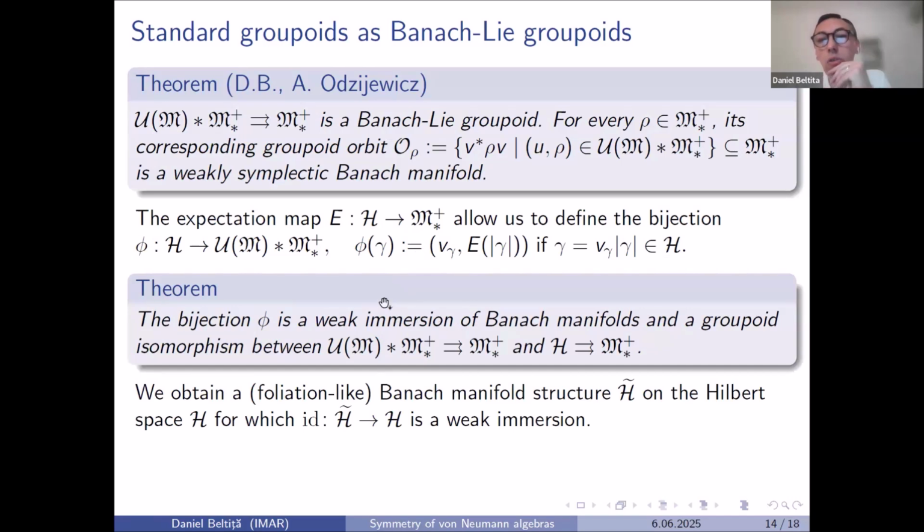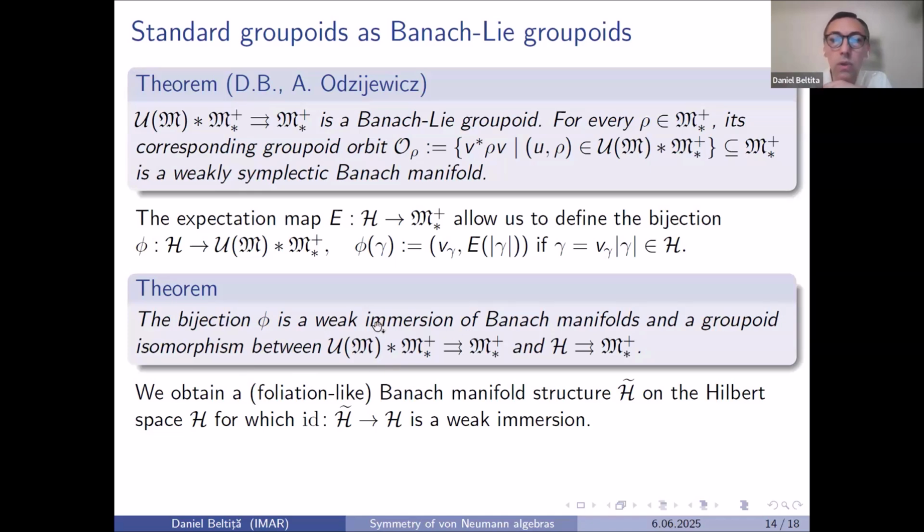So it is certainly not a diffeomorphism, but it's the same situation that is encountered for foliations. If we think, for instance, of the foliation of the plane by vertical lines, this union of vertical lines is actually a new manifold structure on the plane, for which the identity map is a bijective immersion, and not a diffeomorphism.